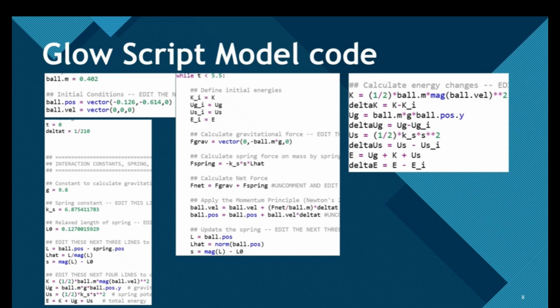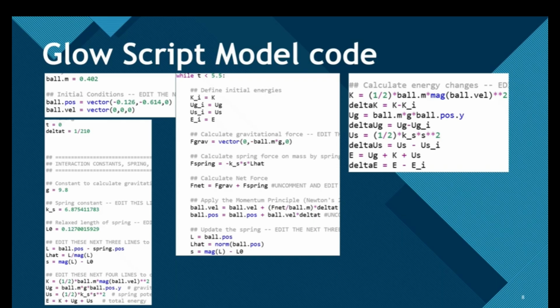And then moving into the GlowScript code, we first define the initial conditions. We define the mass of the ball, and then the velocity and position of the ball. And then we also start time and the time loop, and then we use our regular constants, so our spring constant and our spring length that we already found, and then our gravitational constant, just of 9.8.